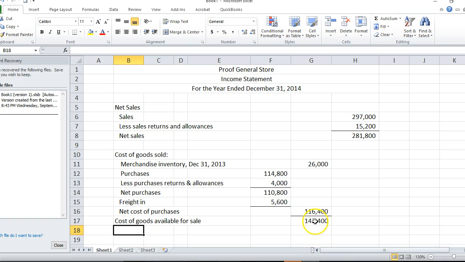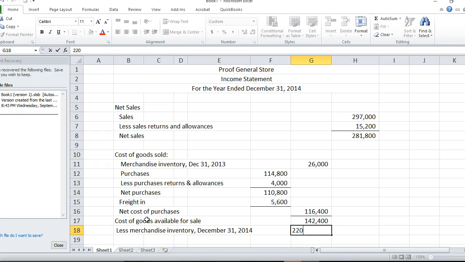See that there? Then what we do is we show less merchandise inventory on December 31st, 2014, which was $22,000.